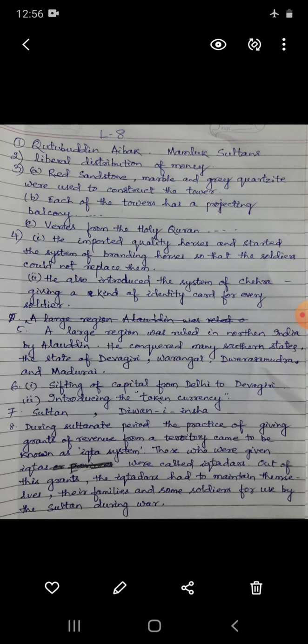During this period, the practice of giving grants of revenue from a territory came to be known as the Iqta system. Okay, so those who were given Iqtas were called Iqtadars. Out of these grants, the Iqtadars had to maintain themselves, their families and some soldiers for use by the sultans during war.